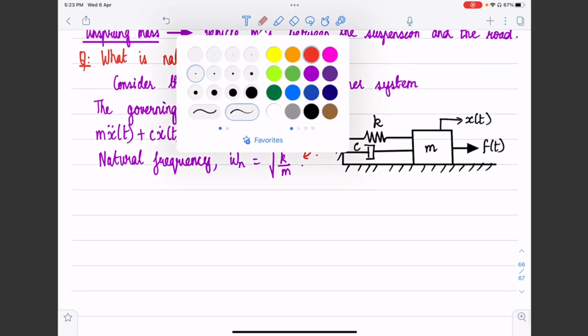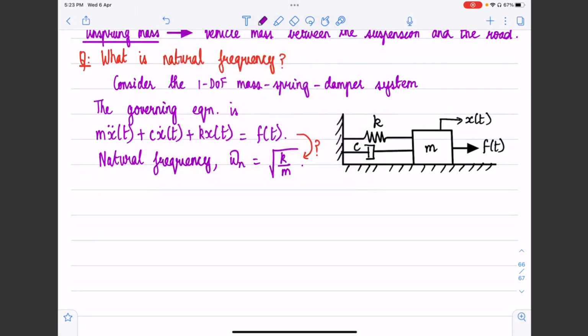So for that, let's define the natural frequency. So what is natural frequency?